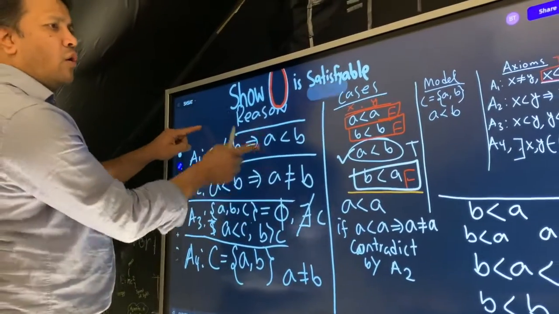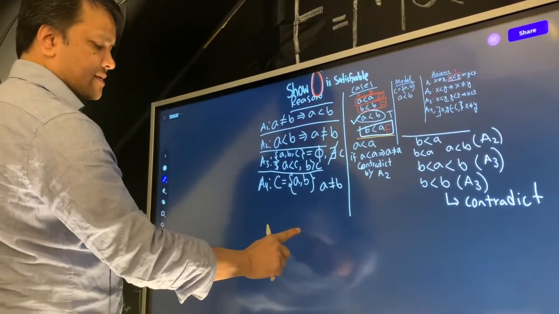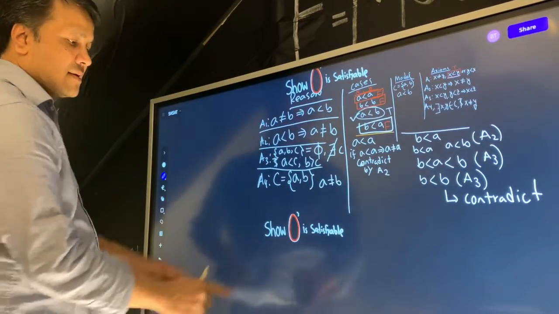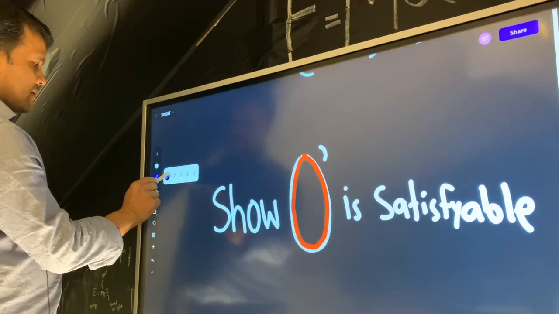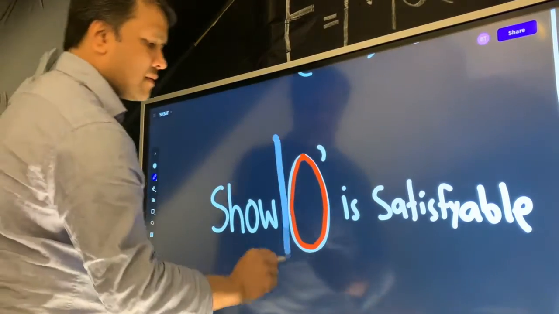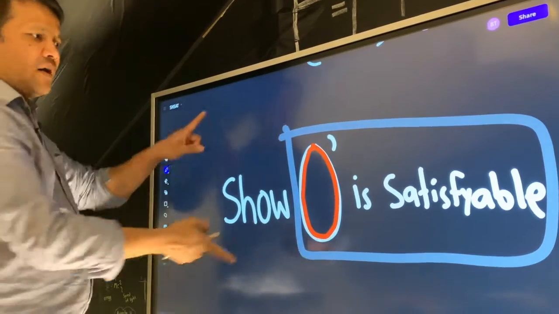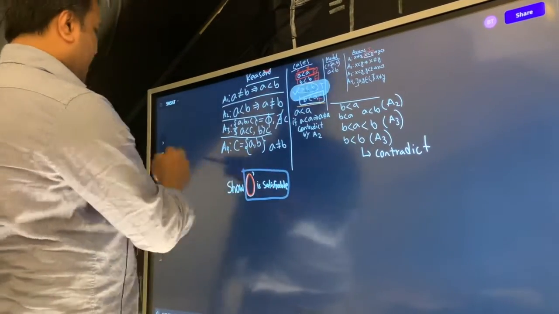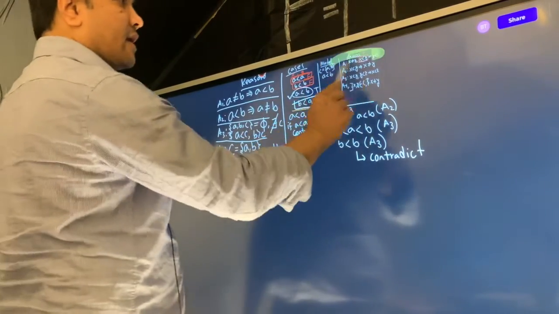So we would say that O prime is satisfiable by these 4 axioms.